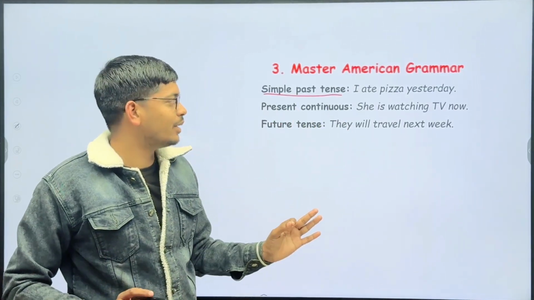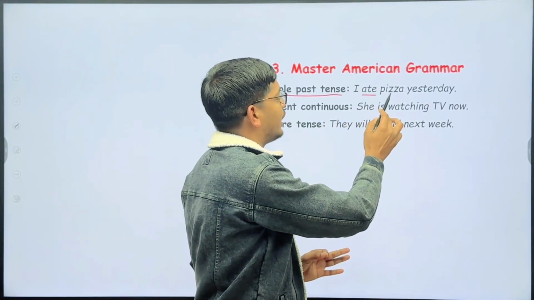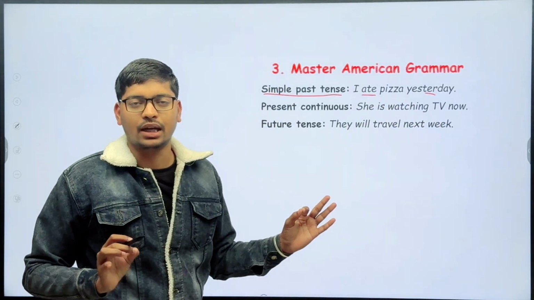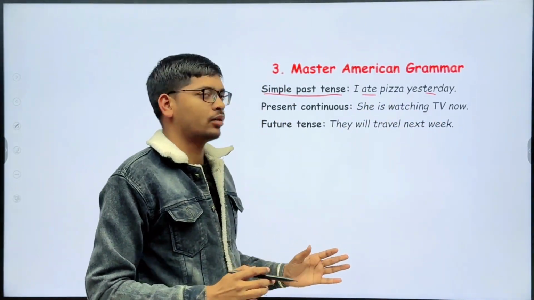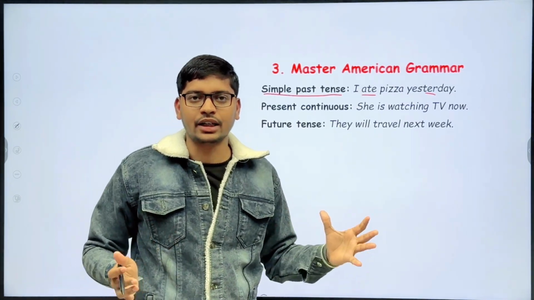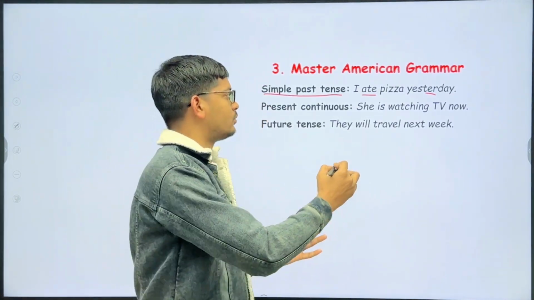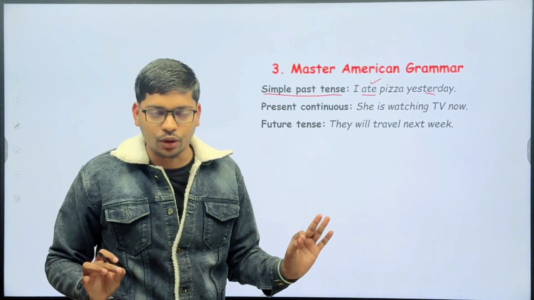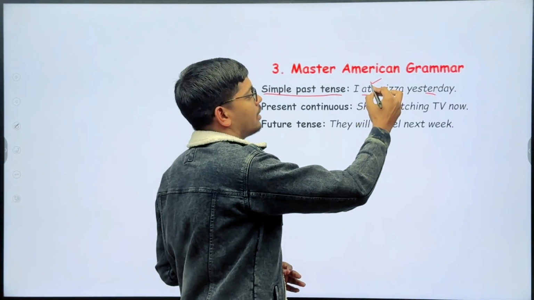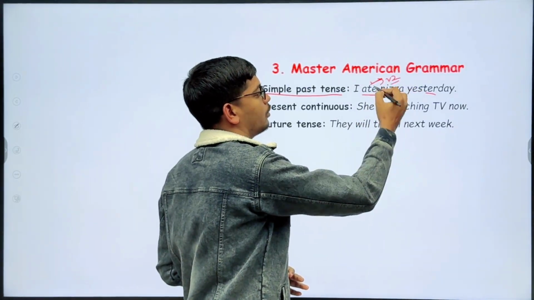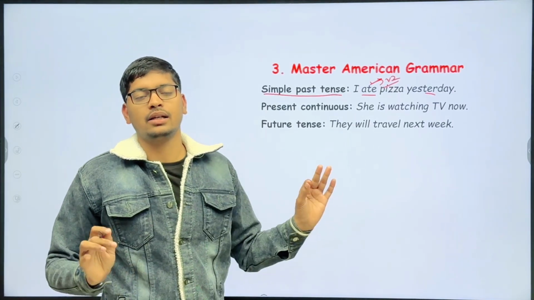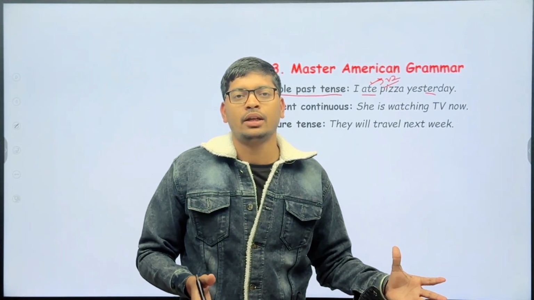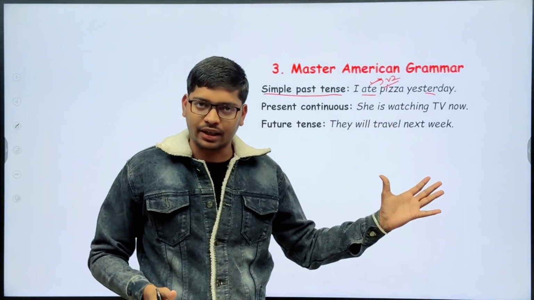Simple past tense means: I ate pizza yesterday. Here you can easily identify this is past simple tense, because "ate" is the second form of the verb.